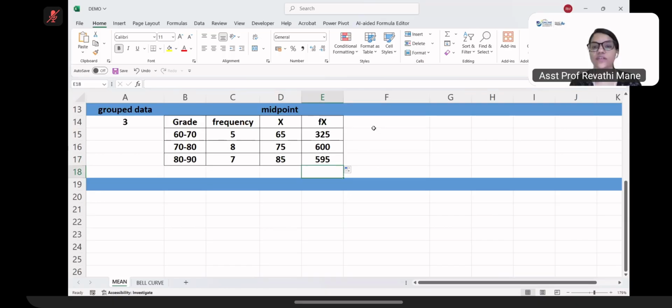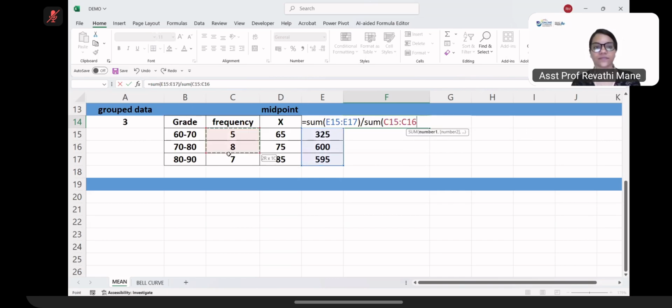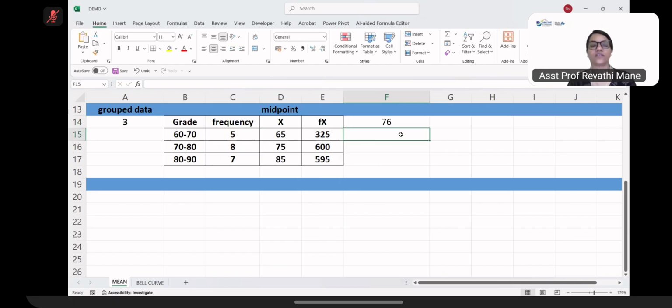So what is the formula for mean when you have the frequency distribution? Summation of f x divided by summation of f. So you will use the sum function, select all your f into x values, and divide by the sum of the frequency column. What is your frequency column here? 5, 8 and 7. So what you are getting here is the mean as 76.